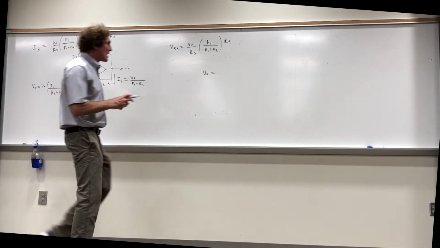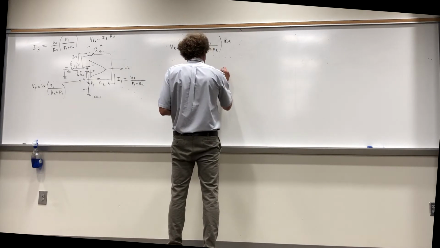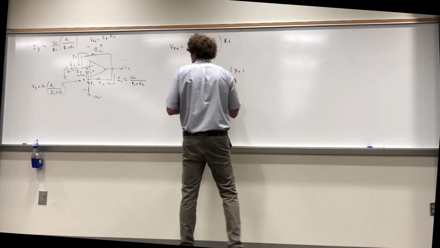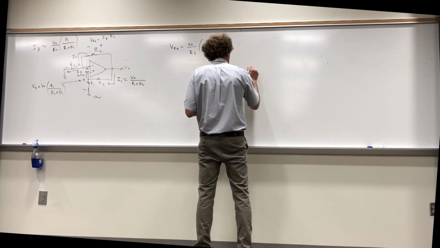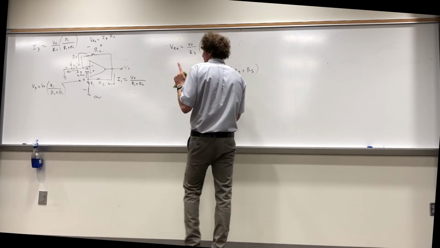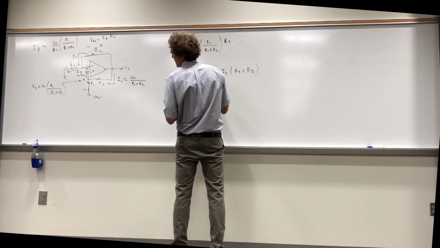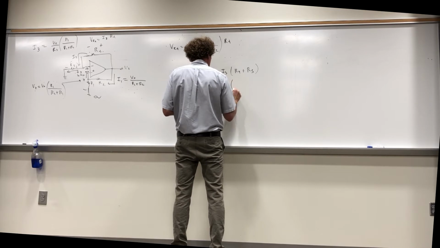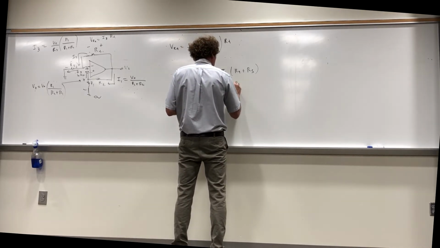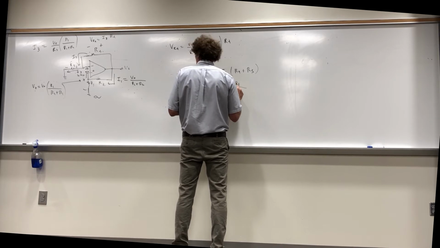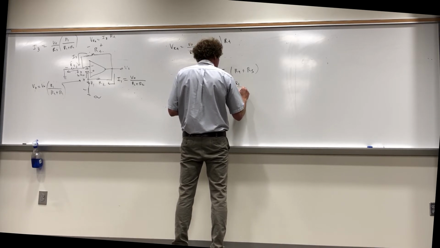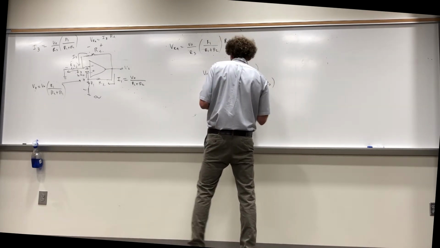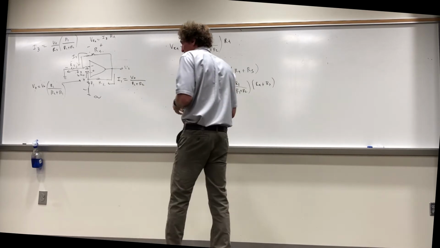So what I can do is say the output voltage V out is going to be I3 times the combination of R4 plus R3. Or I can say it's I3, which is V out over R3, times R1 over R1 plus R2, times R4 plus R3, and I think I got that right.